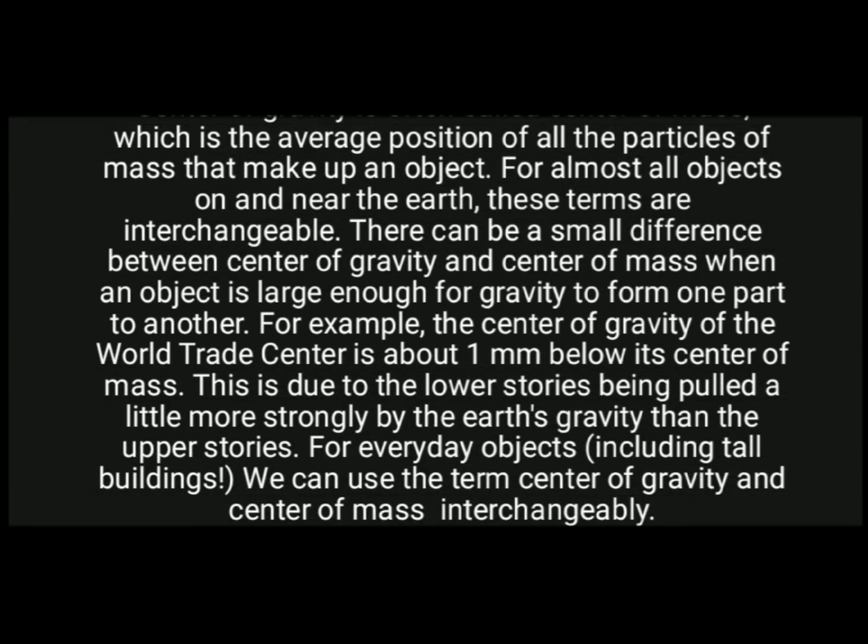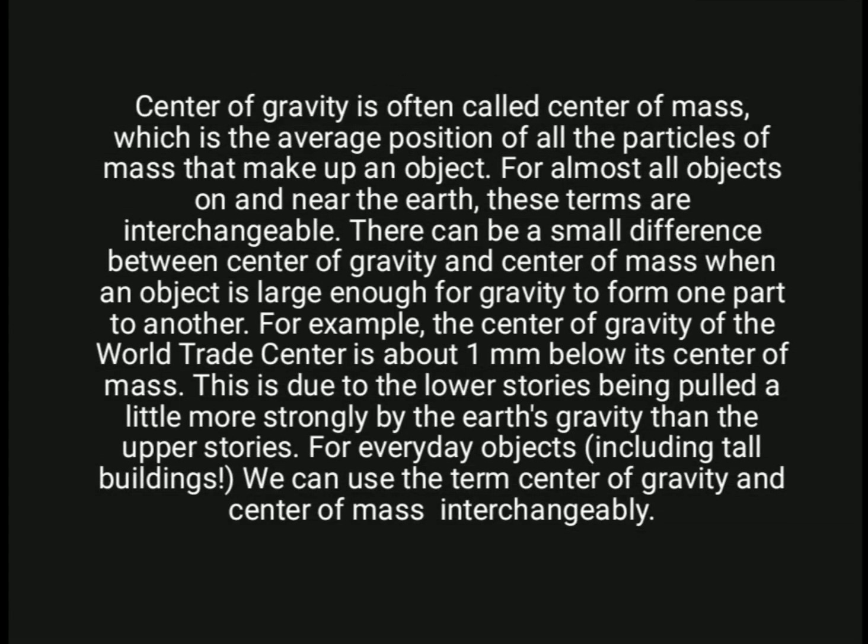Center of gravity is often called center of mass, which is the average position of all the particles of mass that make up an object. For almost all objects on and near the Earth, these terms are interchangeable. There can be a small difference when an object is large enough for gravity to vary from one part to another.